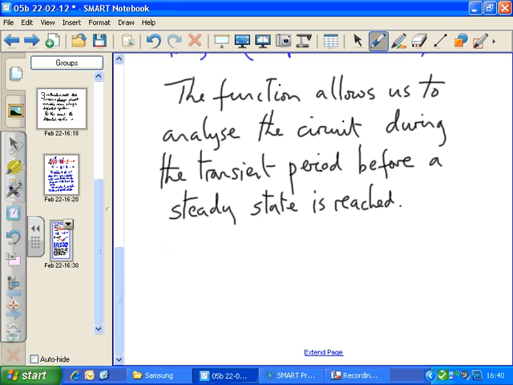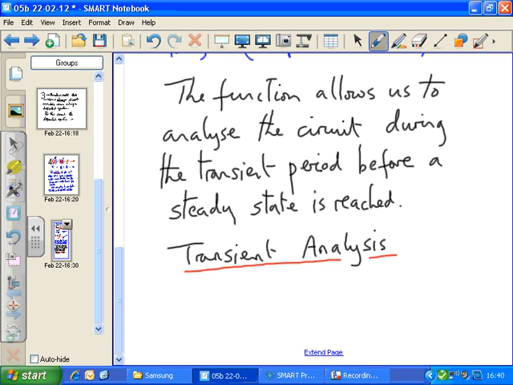And that's called transient analysis, for obvious reasons. And your assignment is about transient analysis. Analysing a circuit when you first turn it on and seeing what happens to it before it's at steady state is called transient analysis.